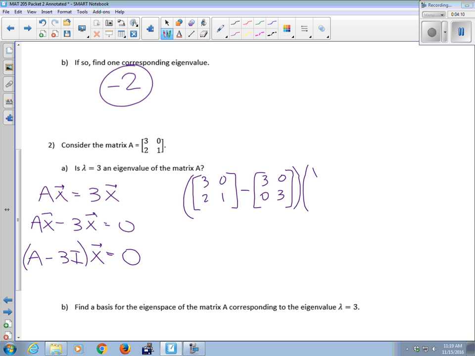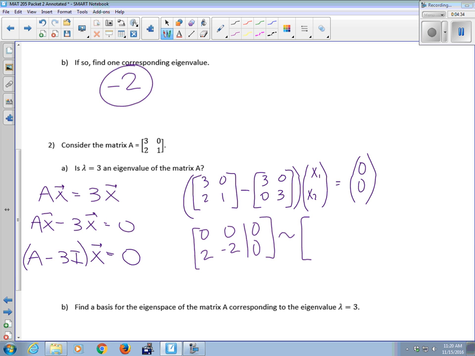Times some unknown x, (x1, x2), equals (0, 0). So this becomes [0, 2; 0, -2]. We augment it with zeros and row reduce, and you get [1, 0, -1 | 0; 0, 0 | 0].